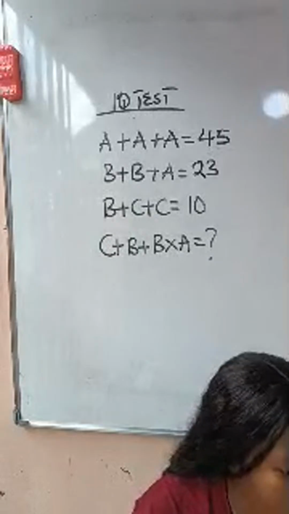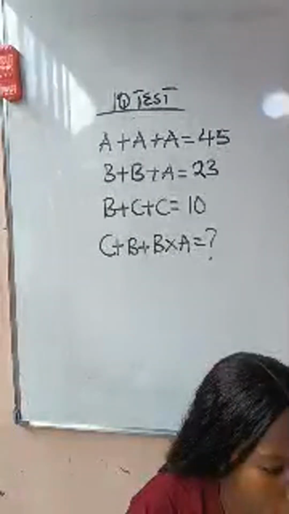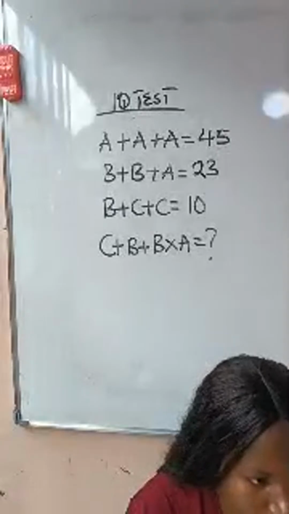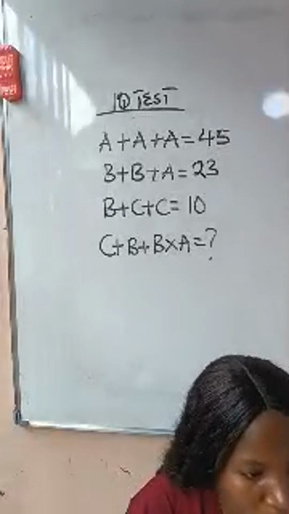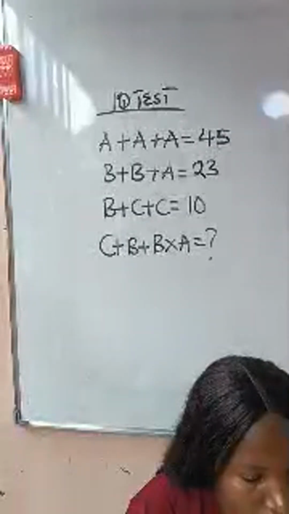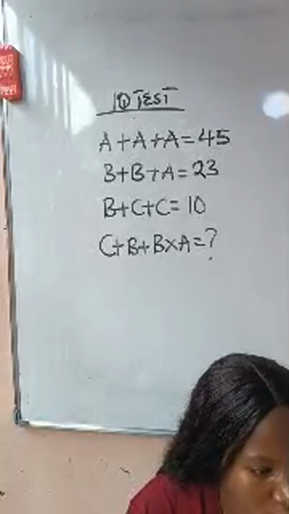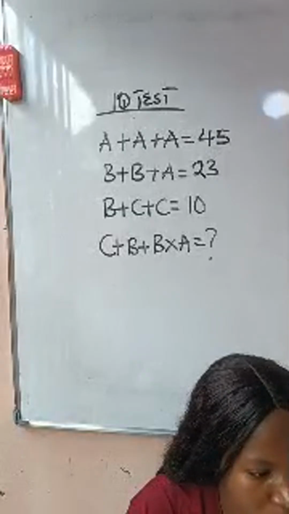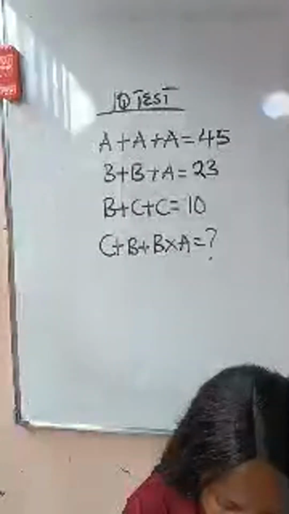So what could be the answer? All right. Sanjay says it's 67. If A plus A plus A is 45, and B plus B plus A is 23, and B plus C is 10, what is C plus B times A?